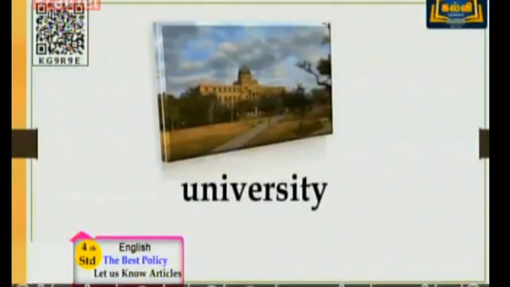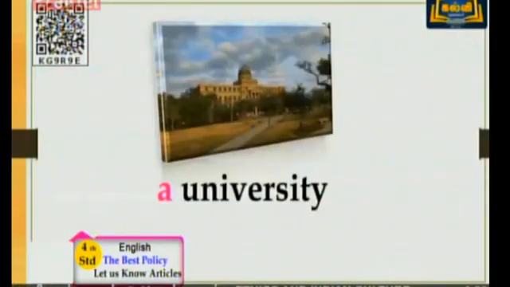Here, this is a difficult word. Most of the elders have doubt whether you should use an or a before the word university. Most of the elders may be confused in this because this word starts with the spelling U. University, see, U-N-I-V-E-R-S-I-T-Y.